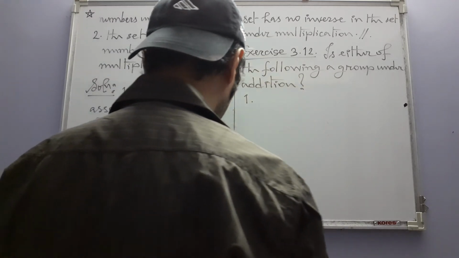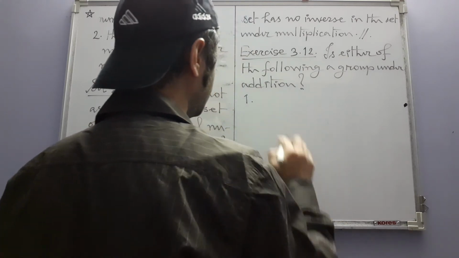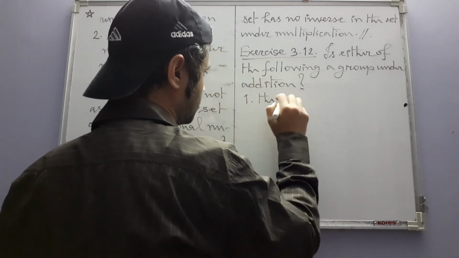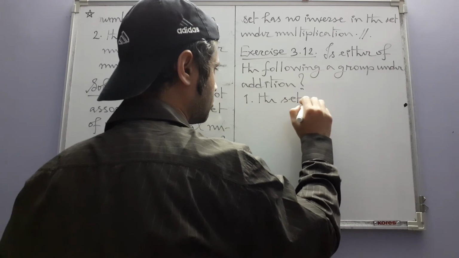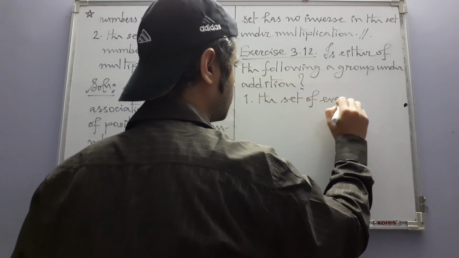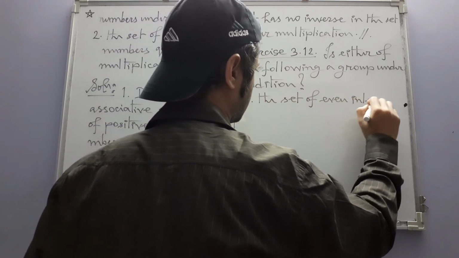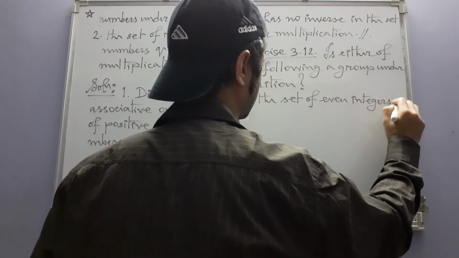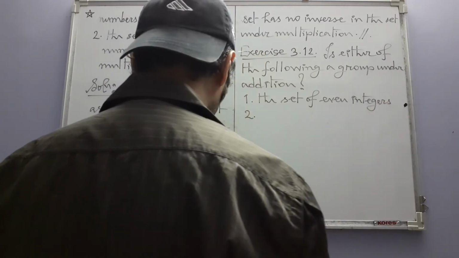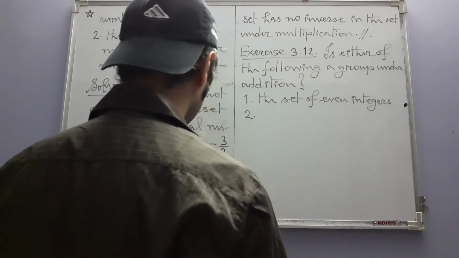Again, two systems are given: number 1, the set of even integers, and number 2, the set of odd integers.